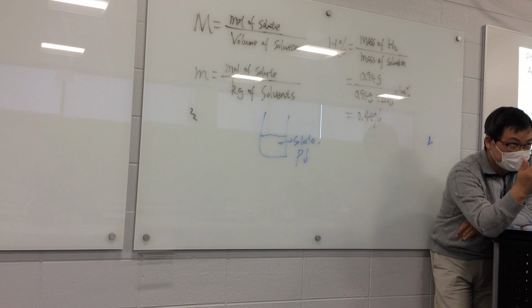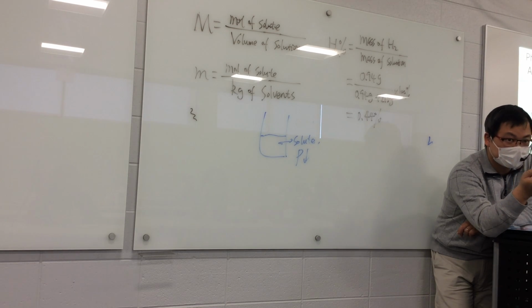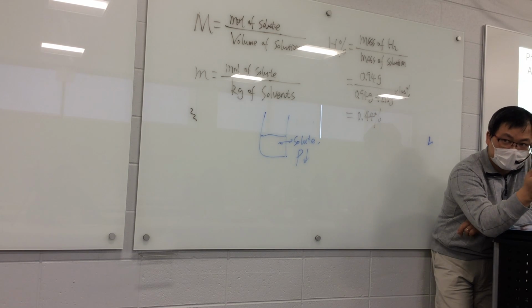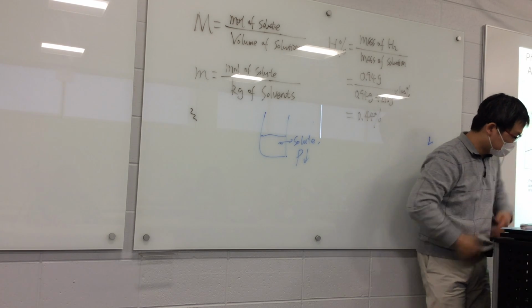Regularly, ice will freeze at 0 Celsius degree. And now, if you add sodium chloride and calcium chloride, they form a mixture, and the solution of sodium chloride and calcium chloride in water cannot be frozen at 0 Celsius degree.